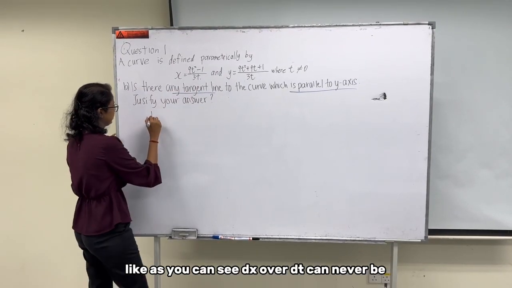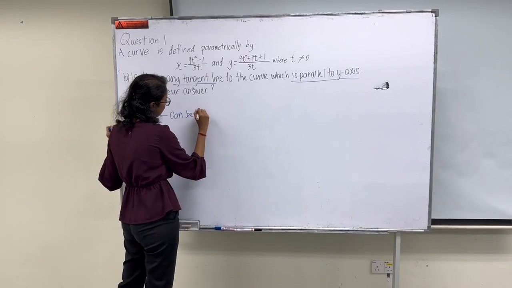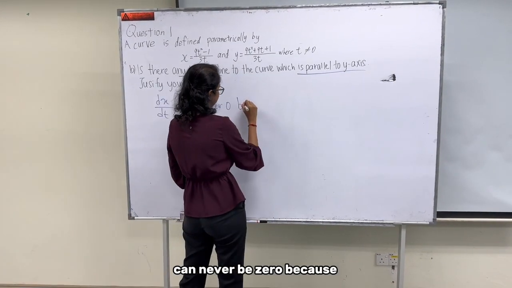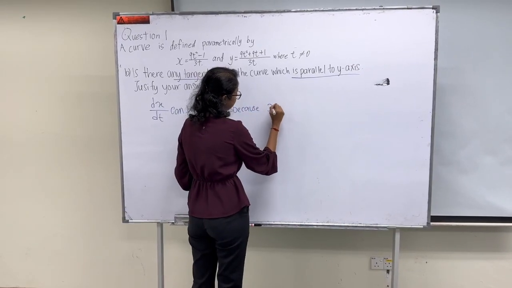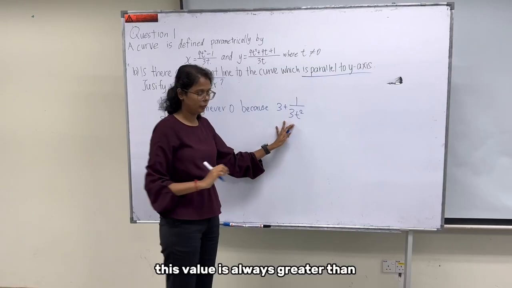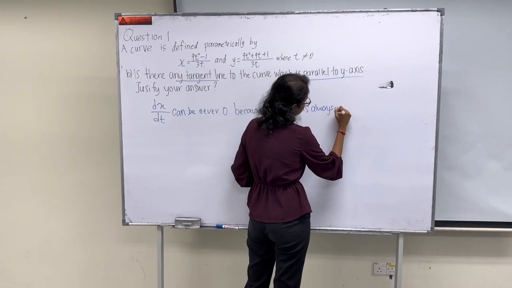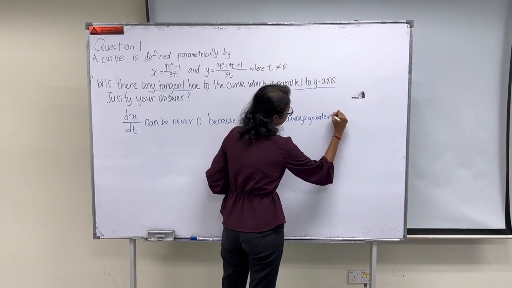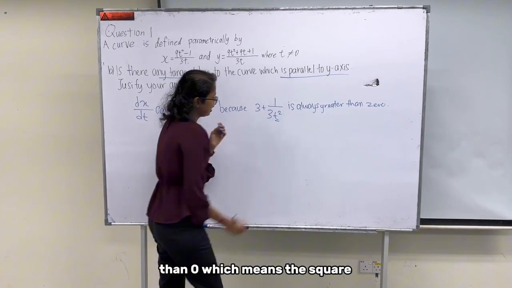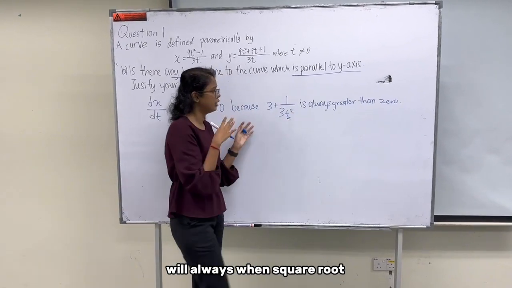As you can see, dx over dt can never be 0, because earlier what you thought is 3 plus 3 squared, this value is always greater than 0, which means the square, whatever value, whether it is positive or negative, when squared, the value will always be greater than 0.